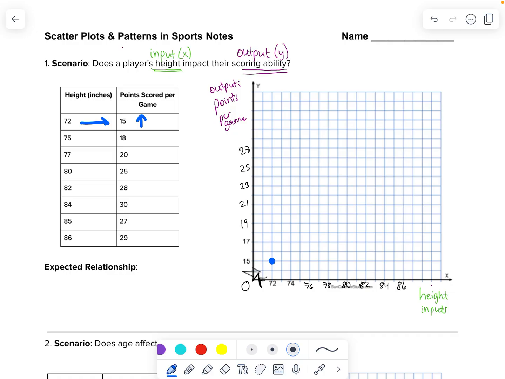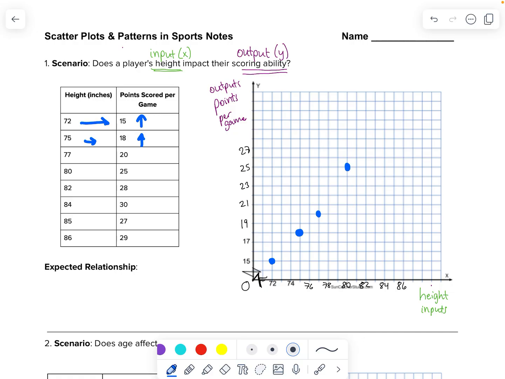Then 75 up 18, so 75, and then 18 is going to be here. And we're just going to repeat this for each set of points. 77 to 20, 77, 19, 20, 80, 25.